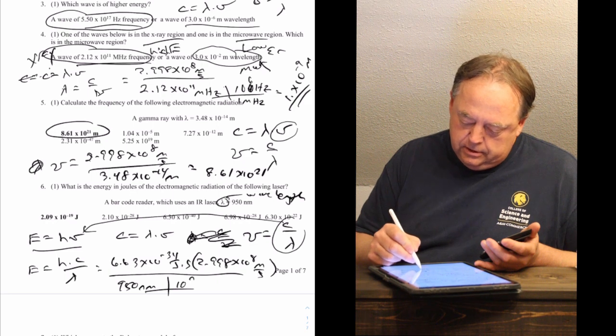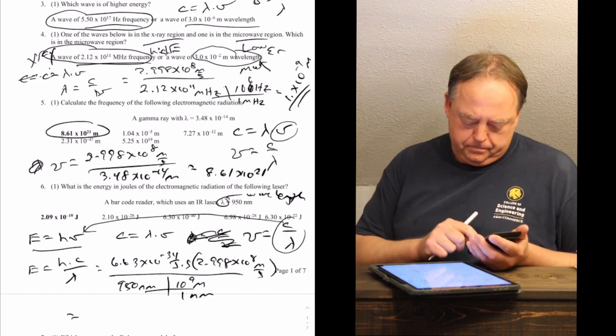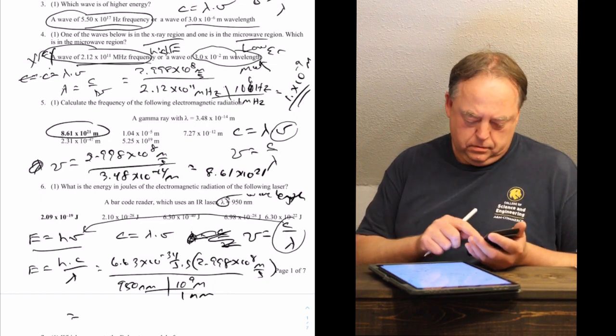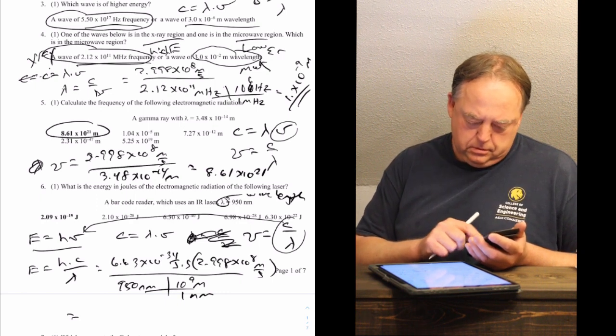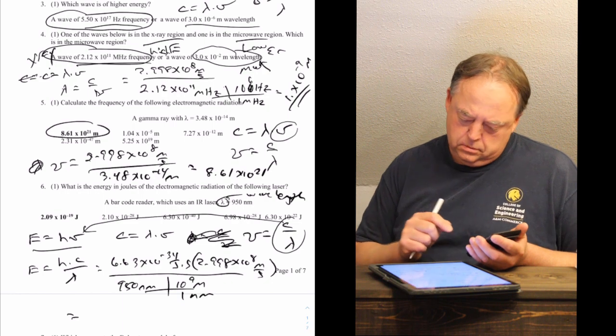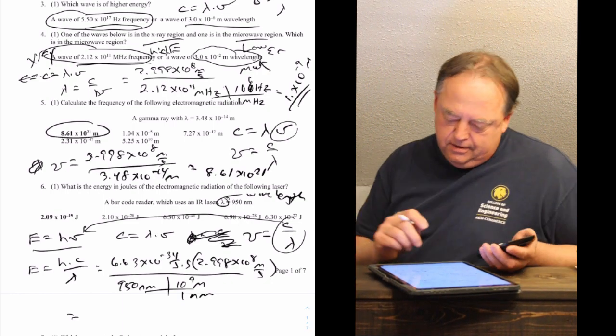So there's 10 to the 9 meters per 1 nanometer. Okay, did I solve this right or not? Let me try again.